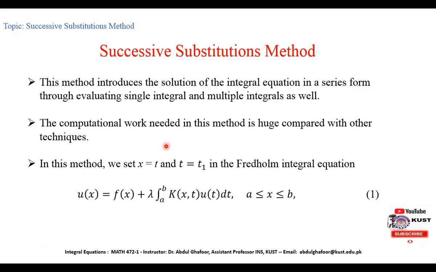To start the method, initially we consider the predominant integral equation of second kind given in 1, where k(x,t) is the known separable kernel, and u is the unknown function to be determined. First, you can see that u(t) is under the integral sign, so we compute this u(t) from equation 1.